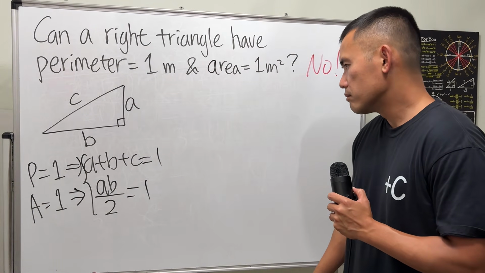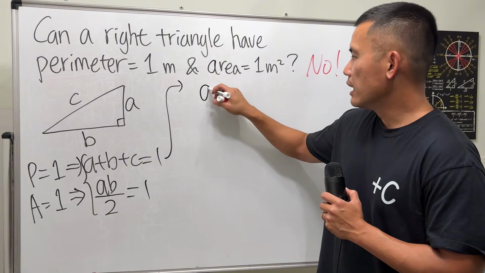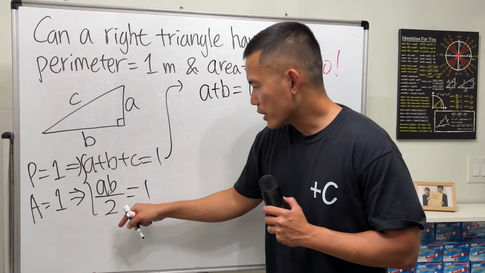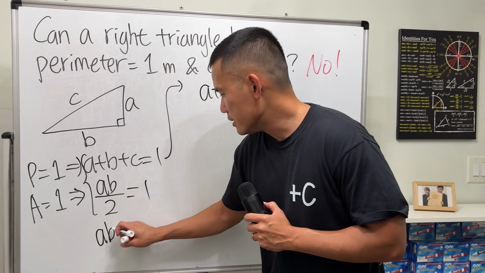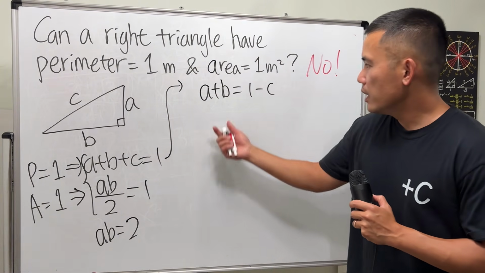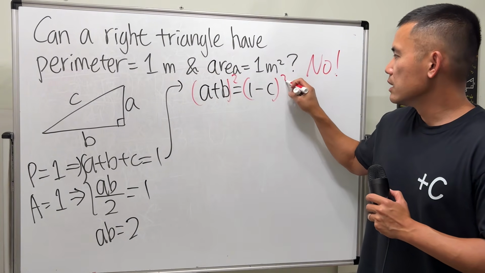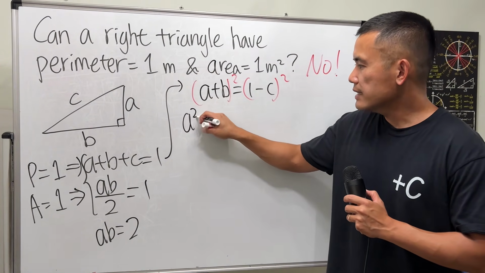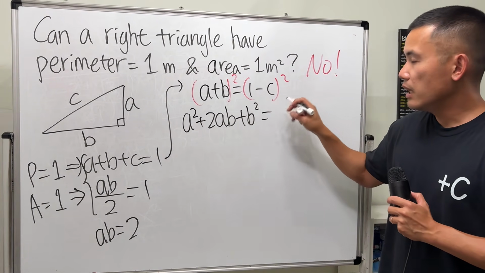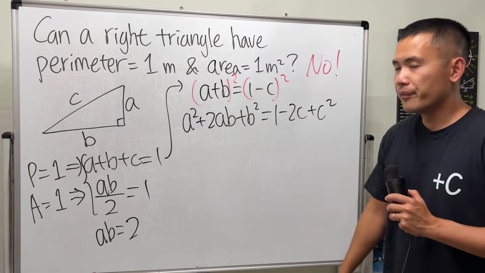And now, let me just show you. I'm going to move the C to the other side so we can look at A plus B equals 1 minus C. And AB is equal to 2 times 1. Because we have A times B and we have A plus B right here, let's go ahead and square both sides, because that way we get A squared plus 2AB plus B squared on the left, and on the right-hand side we get 1 minus 2C plus C squared.